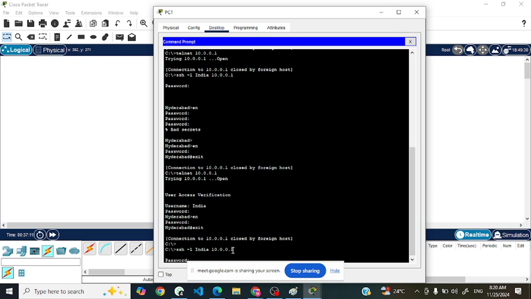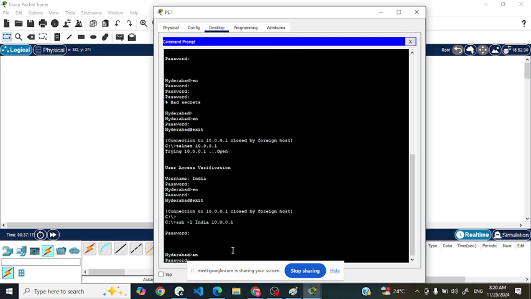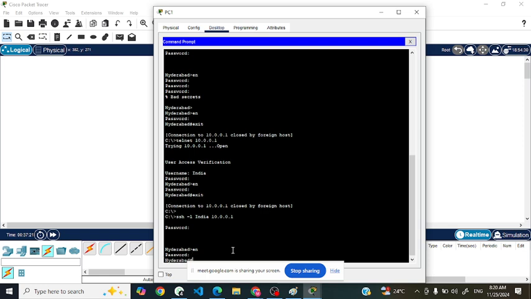Delhi. One thing you should observe, but you guys are not observing here. I am giving the username here. After that, this is not asking for username. It is directly asking for the password.